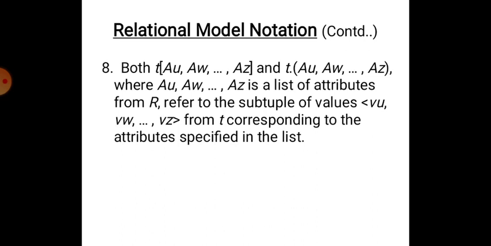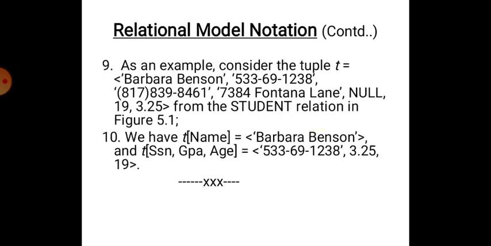student relation that was considered in Figure 5.1. That Figure 5.1 I have sent you earlier. You can refer to that. Point number 9. As an example, consider tuple t. For this, you have to consider Figure 5.1 where the relation is student. In that table, you will find this.